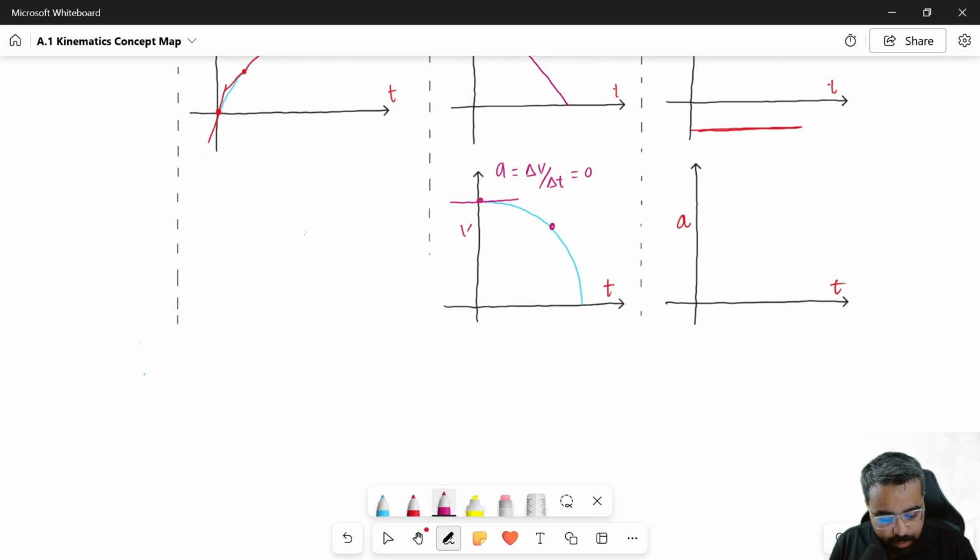And as time goes on, we see that the line is becoming more steep, and also gives us a negative value of acceleration. So it means that students, acceleration is starting from zero, but how is it changing? It is changing like this, so it is increasing. So this is an acceleration time graph.